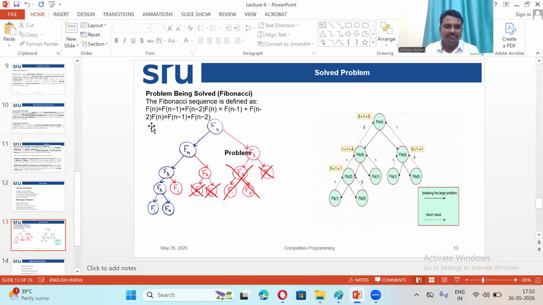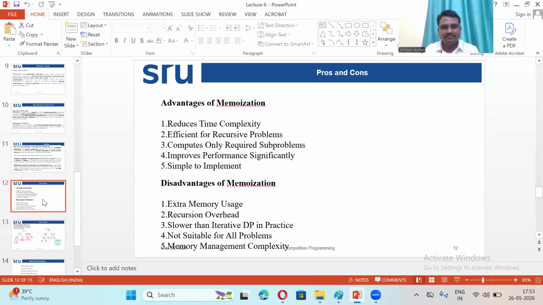Here, we need to reduce the exponential complexity to polynomial. If everything is repeated, you will get exponential time. Here many calls are reduced. Many self-calls we need to avoid. We don't need to calculate again and again. That's why the time complexity is reduced.